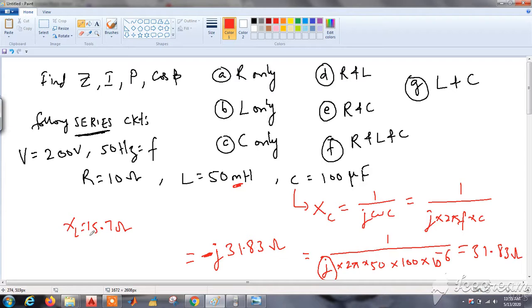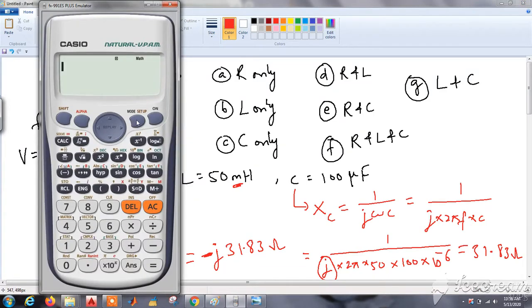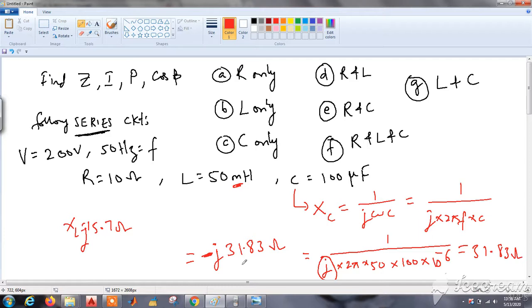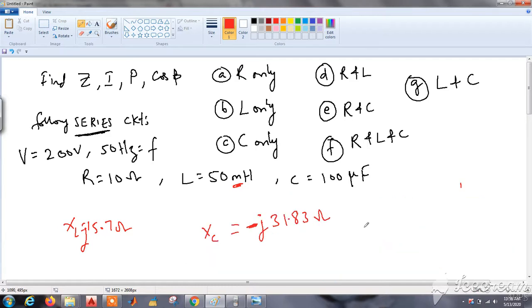Here also XL is j 15.7 ohms because XL is j omega L, and XC is 1 by j omega C. If you are confused with this, you can go to complex mode and verify it. 1 by the imaginary number j is minus j. So that's why minus is there. So now we have calculated our inductive reactance and capacitive reactance.